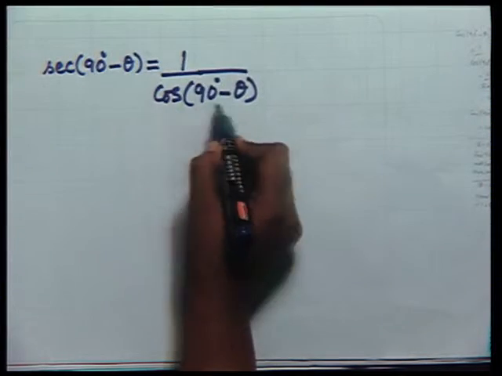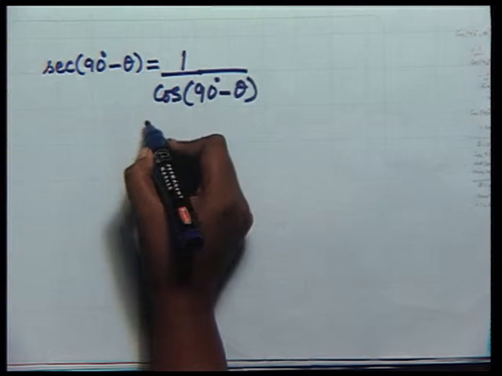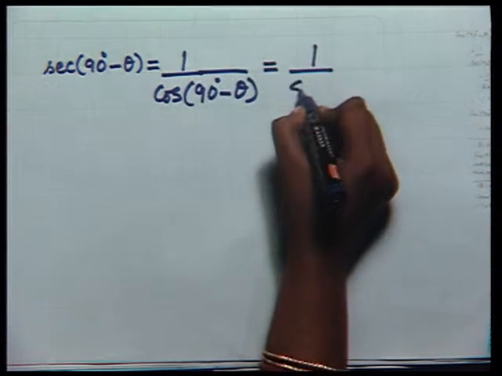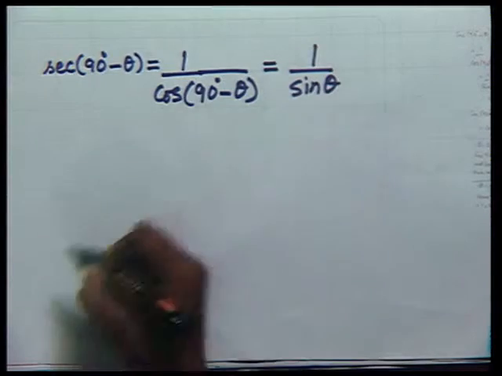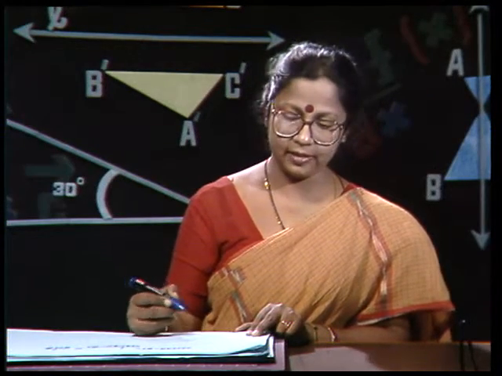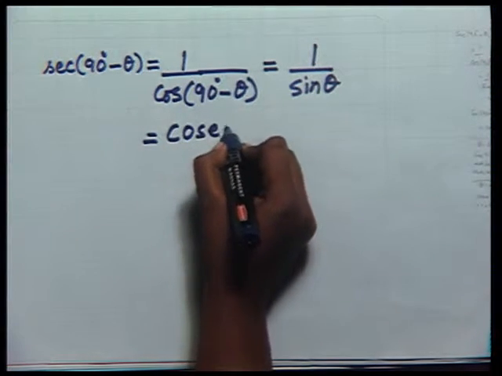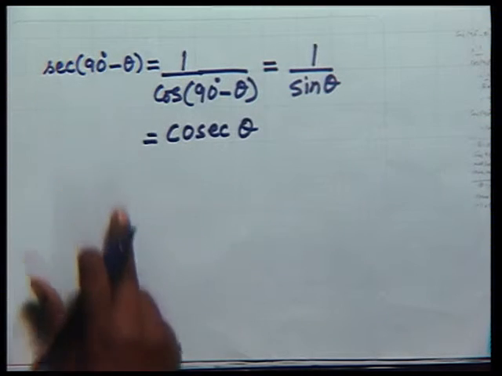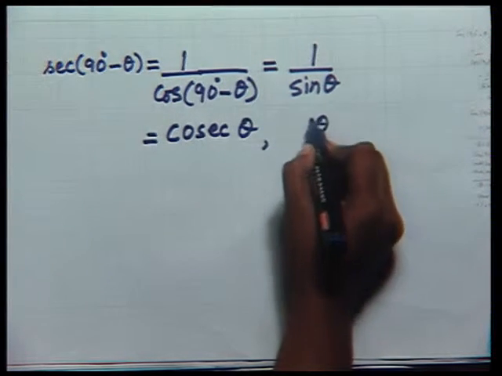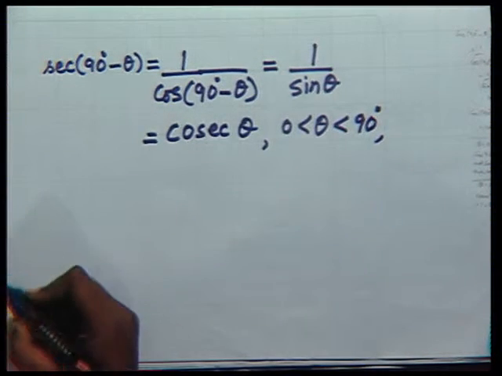We also know that cos (90 degree minus theta) is sin theta. So, this expression can be replaced by 1 upon sin theta. And what is 1 upon sin theta? It is cosec theta. So, we get secant (90 degree minus theta) is equal to cosec theta whenever theta is greater than 0 and less than 90 degree.